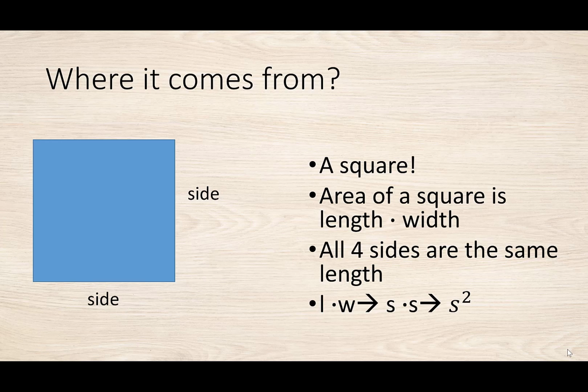So our length times our width are the same exact number. So it's really going to be the side times the side. But we just said in our previous section that when we multiply something by itself, we're giving it an exponent. So side times side is really side squared because it makes a square. Gives us the area of a square.